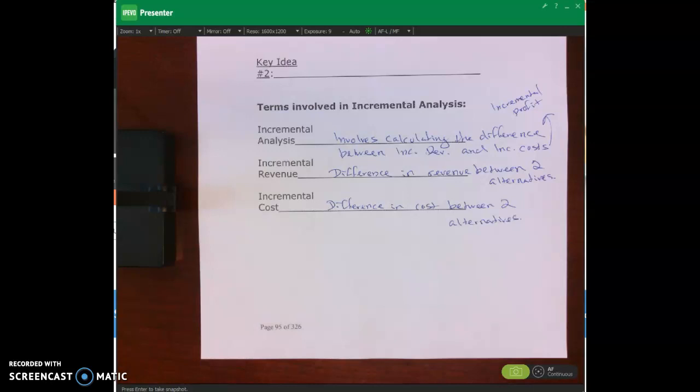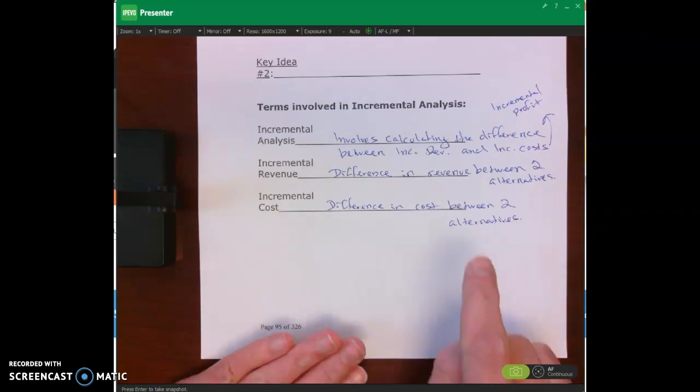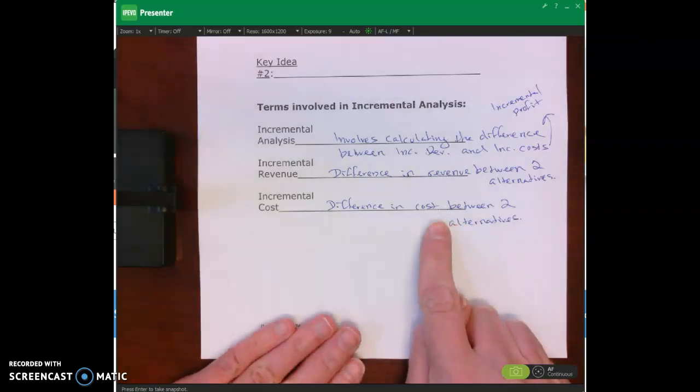I also lost some money on my house, and I would say that was also an incremental cost. Maybe if I had stayed in the house a little bit longer, the market value would have come back up. And in fact, it did. But if I stayed in the house, I wouldn't have suffered that loss in market value.